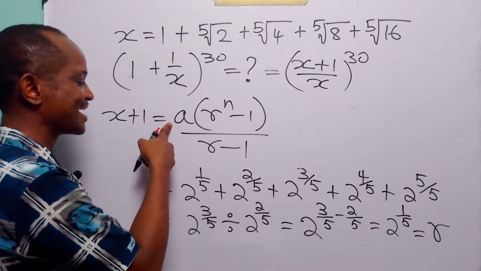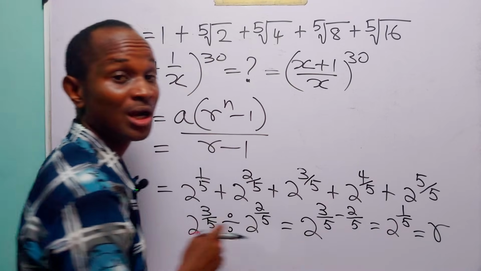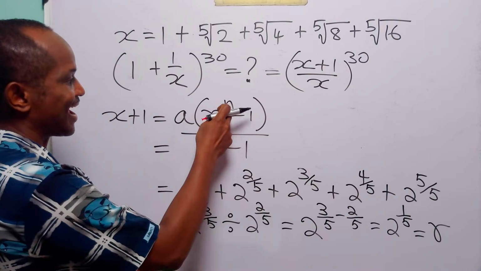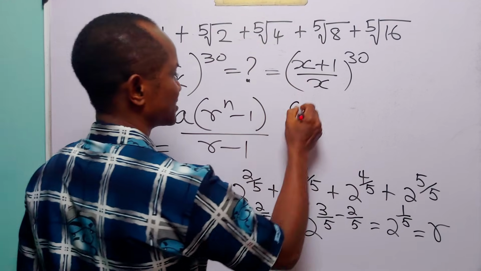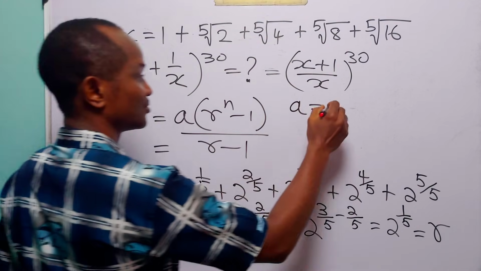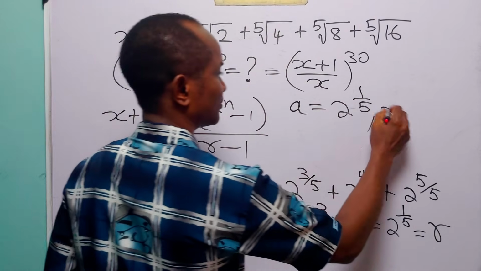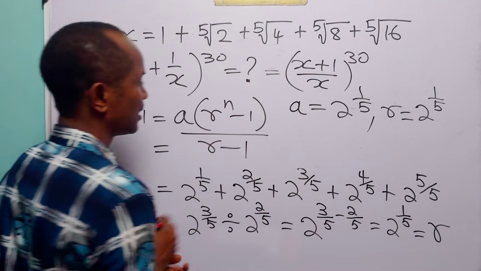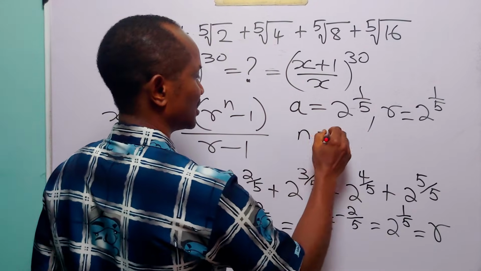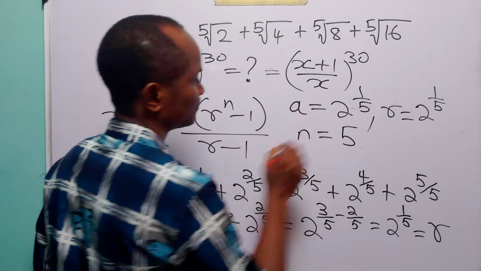Of course, you know that a is the first term, r is the common ratio, n is the number of terms we are dealing with. So we have that a is equal to 2 to the power 1/5, r is equal to 2 to the power 1/5, and n is equal to 5.